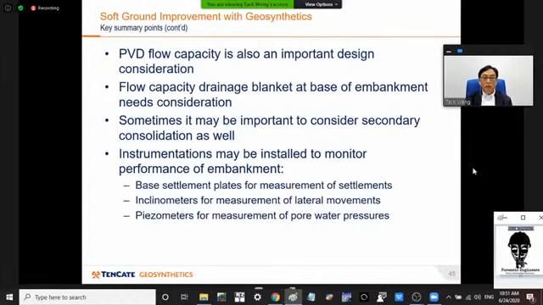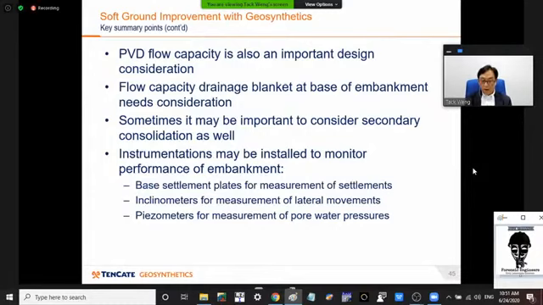In projects, you'll sometimes also have a need for instrumentation to be installed to monitor performance. This can be in the form of base settlement plates, which will tell you how much the ground is settling, and inclinometers, which show how much lateral movement is happening.